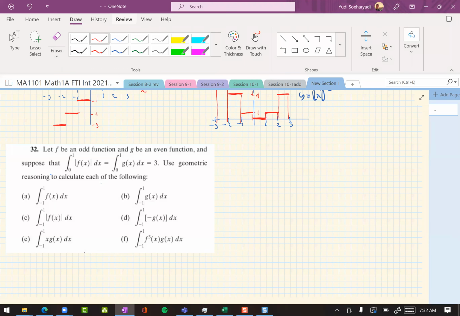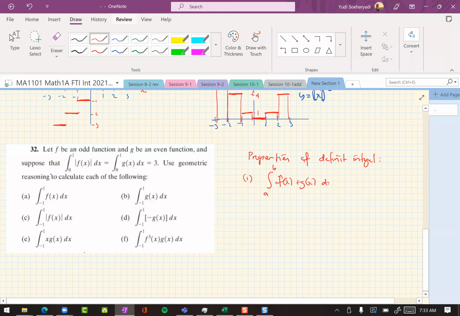Let's do some properties of the definite integral. First, if you have these additions, then you can compute each of the integrals.